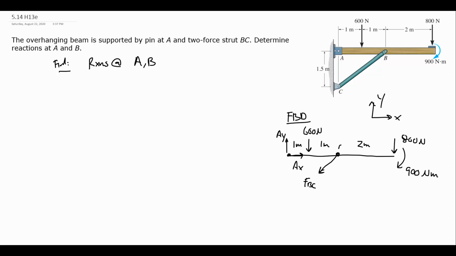And this is my point B, and this is my point A. I know the direction that BC is pointing because I know for a two-force member, it's going to be along its length or along its axis. So if I look, the triangle ABC is actually a 3-4-5 triangle in disguise, because if I double all the sides, I'm going to get 3 from A to C and 4 from A to B, making B to C, at least by ratio, 5.